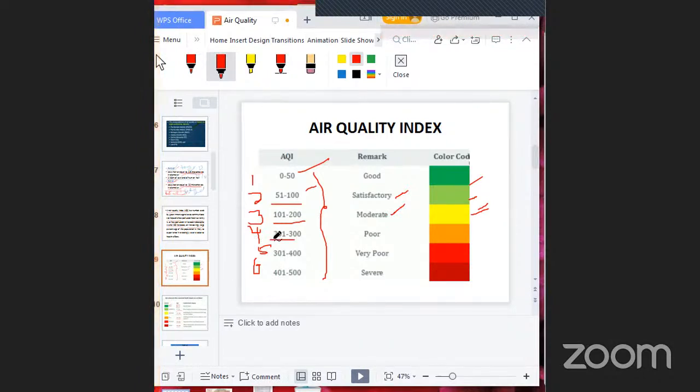201 to 300 is indicated by the orange color and is poor air.